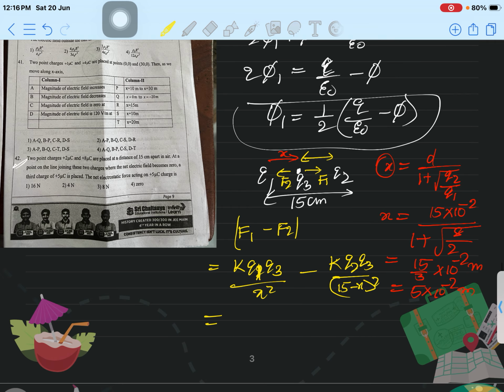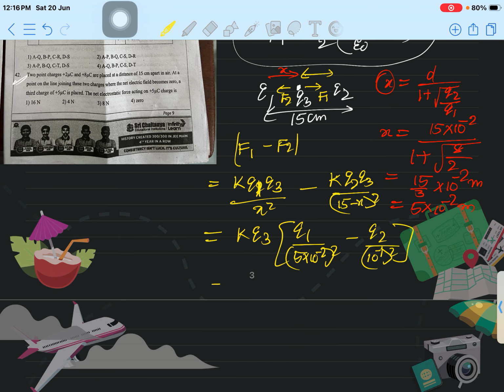Okay, now I am taking K Q3 common, then it will be Q1 by x, 5 into 10 power minus 2 whole square, minus Q2 by the distance 15 centimeters minus 5 centimeters, 10 centimeters, sir. So 10 centimeters means 10 power minus 1 meters. 10 power minus 1 whole square will be 10 power minus 2.